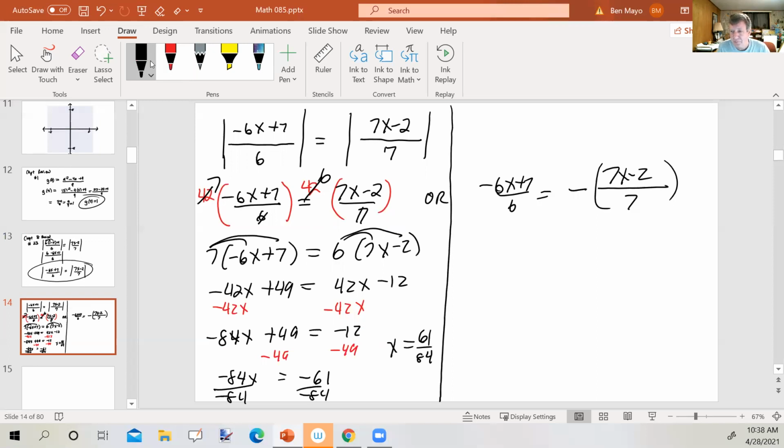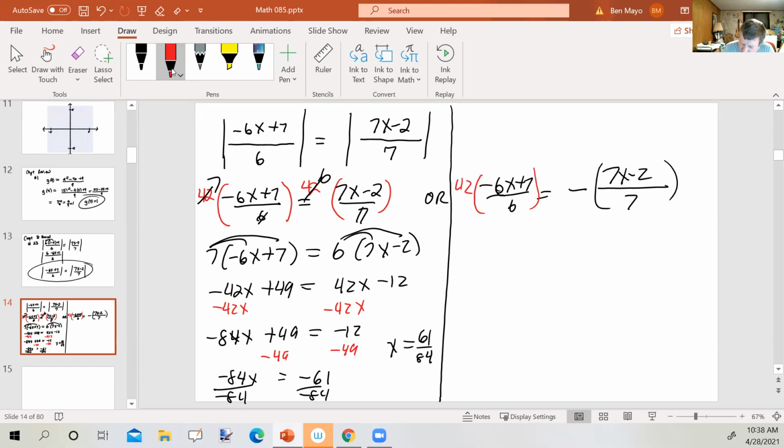potential answer. Now, taking a look at the second equation, I'm going to do the same thing. I'm going to multiply both sides by the LCD, which is 42. Now, I've got that negative sign out front, so I've got to be careful.